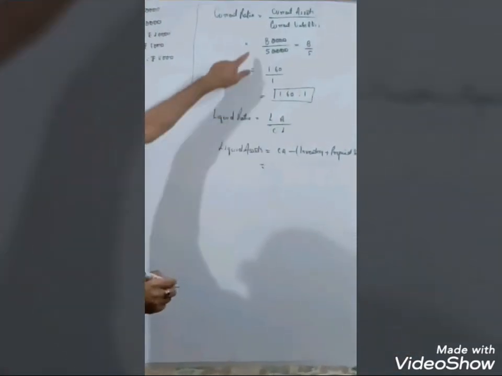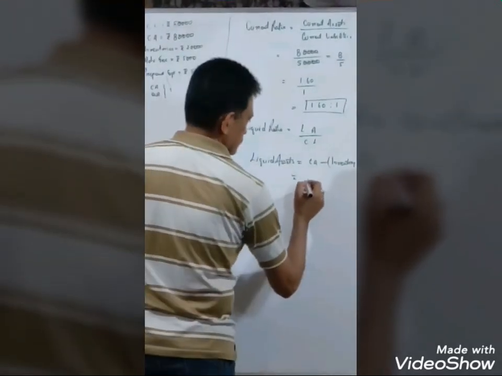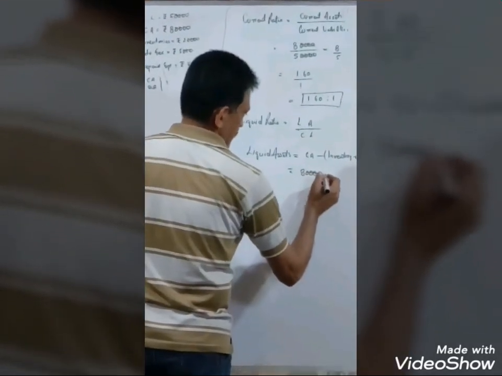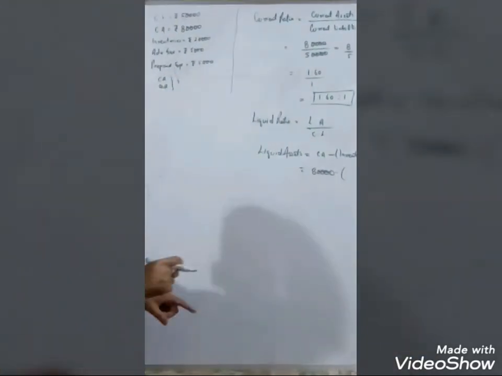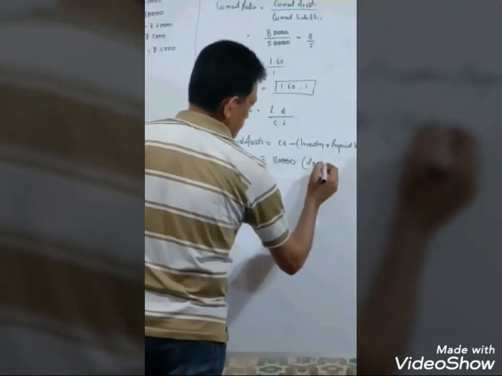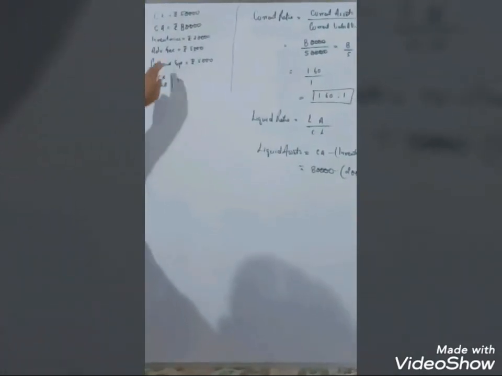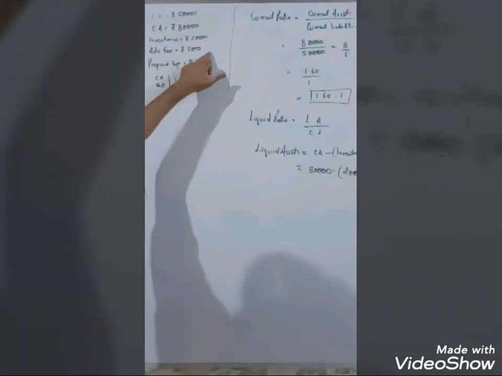Current assets are 80,000, that is already given, 80,000 minus inventory. Inventories are rupee 20,000. Prepaid expenses: there is advance tax rupee 5,000 and prepaid expenses itself rupee 5,000.